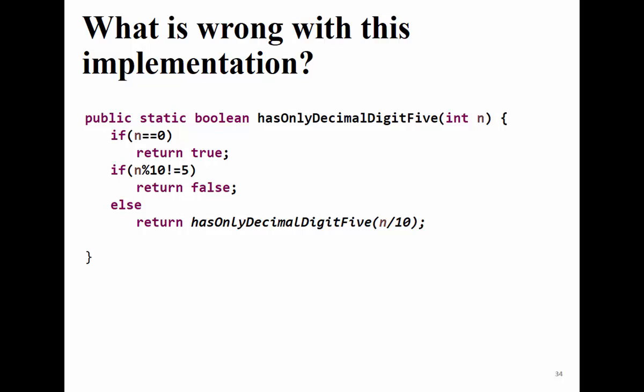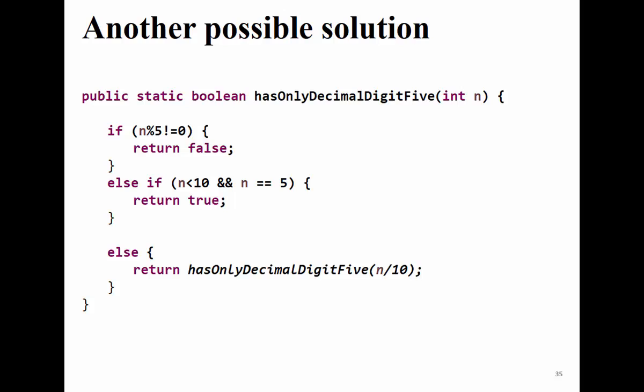Now, what's wrong in this implementation? But in terms of the recursive method, all the components are there, the base case is there, the recursive code, but the correctness of the algorithm is not correct.